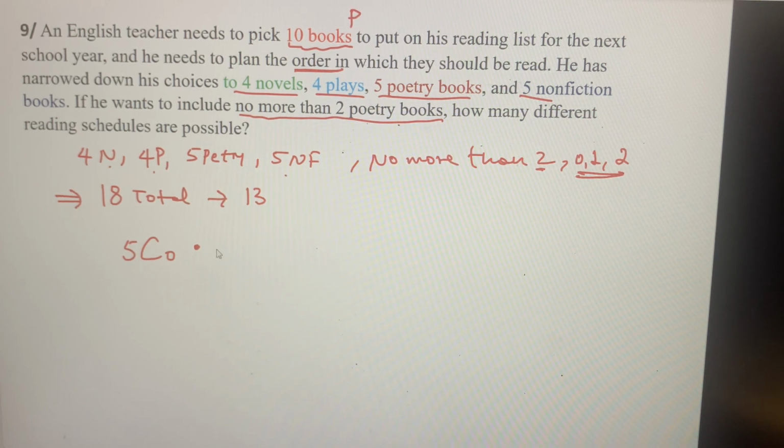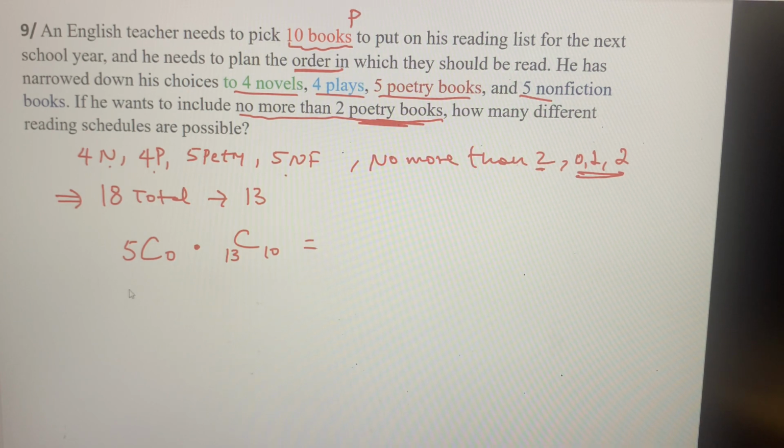Out of the 13 you must take 13 combination 10, right? Because 5 combination 0 means the English teacher doesn't take anything from the poetry, and that's one possible scenario. That means he has to take 10 of them from the remaining books, from the 13. So this is the first scenario.